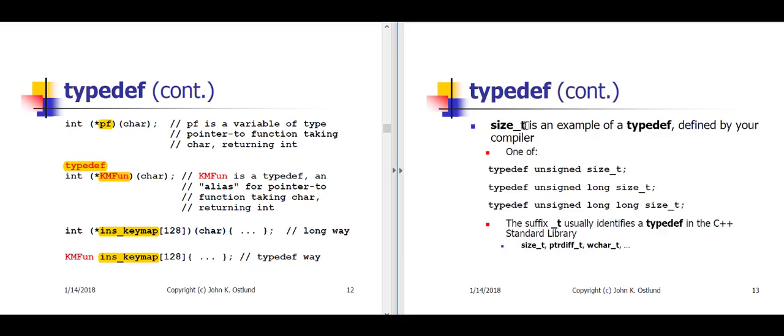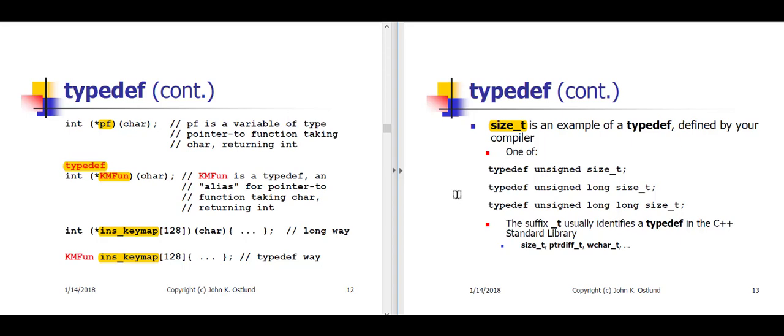Size t is an example of a typedef defined by your compiler for you. Size t is guaranteed to be some unsigned integer type. But whether it's defined as unsigned or unsigned long or unsigned long long is a decision made by your compiler developer.